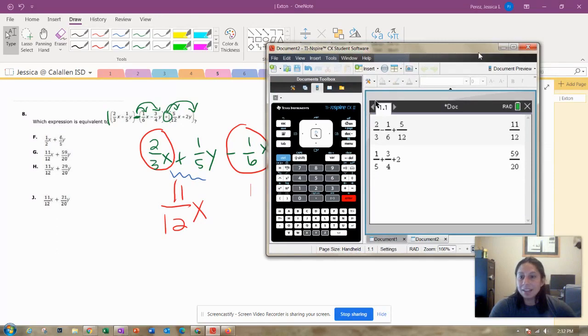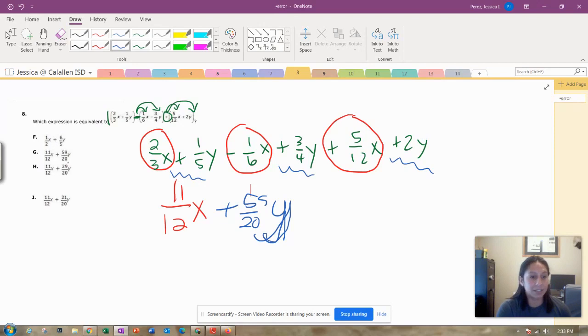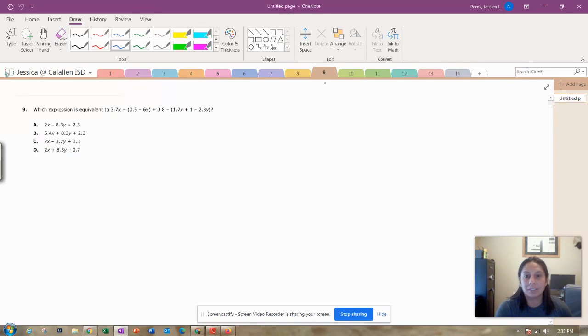So 59/20. That is how many y's we have. Come back over here. Plus 59/20 y. Okay, so looking over here, my answer has to be G. 11/12x plus 59/20 y.